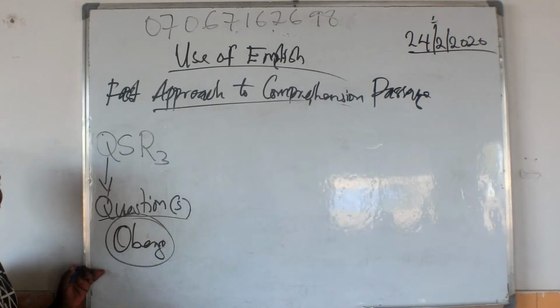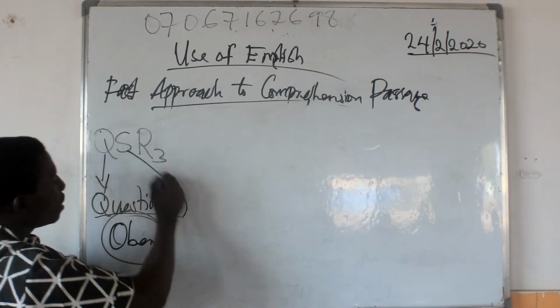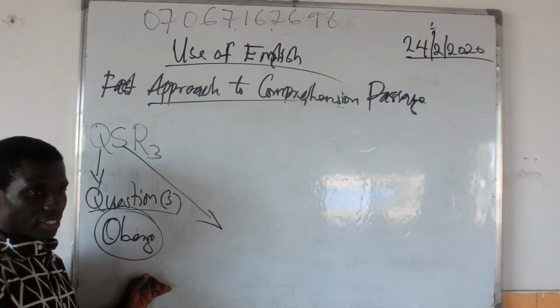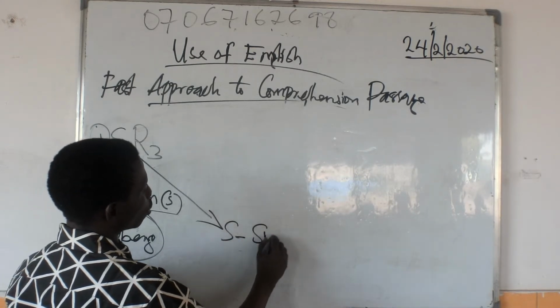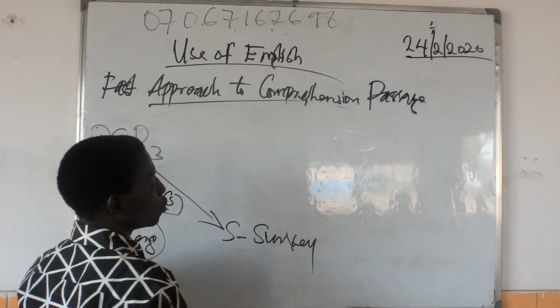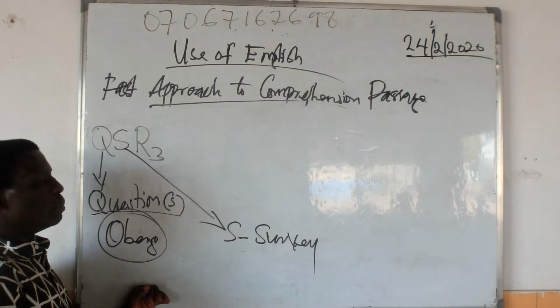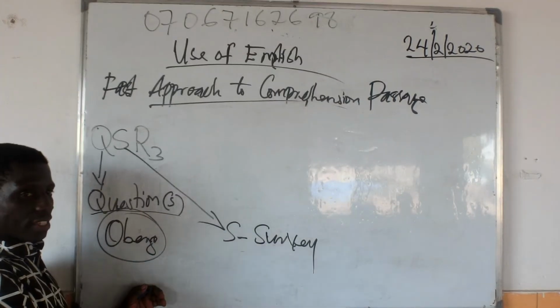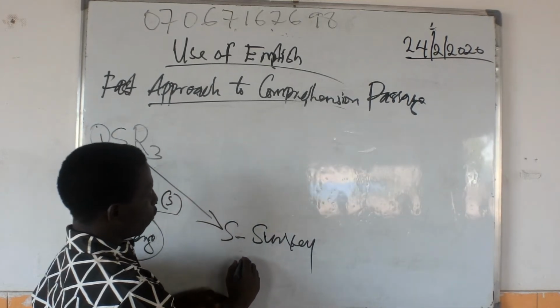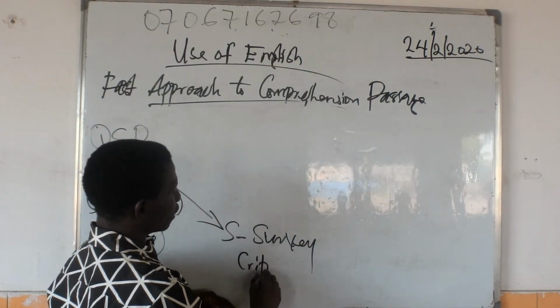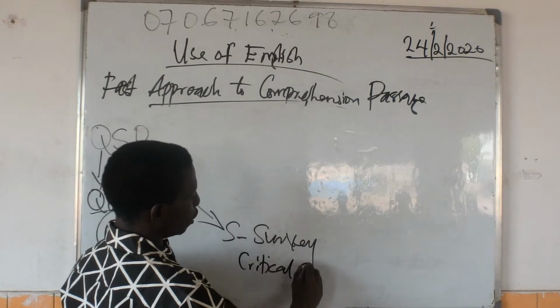So immediately when that is done, then you should go to an S. S in this context stands for survey. So you should survey the passage, and by simple definition, survey simply means critical examination.